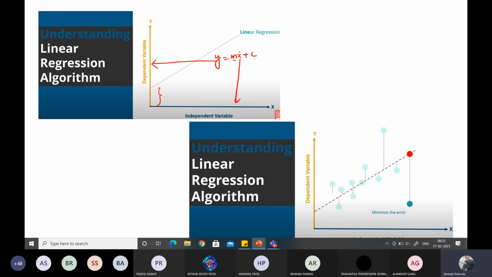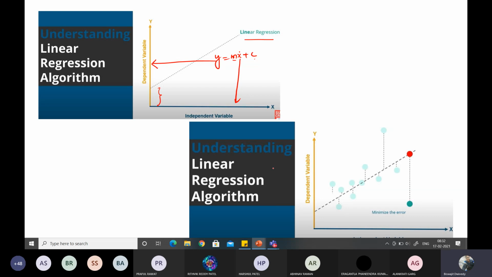These are the parameters which we want to find whenever we are trying to draw this linear regression line, or you can say line of regression.